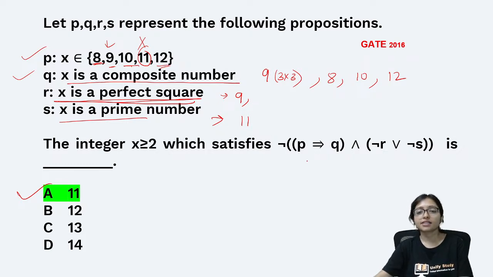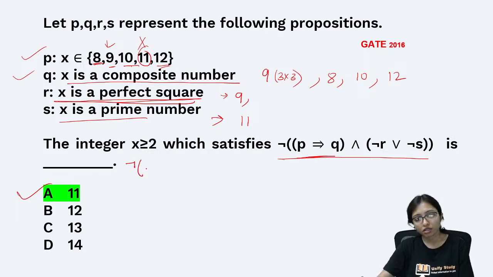So now you can see, now represent here. So P implies Q, and then negation of (P implies Q), and or R or S. Okay, yes.